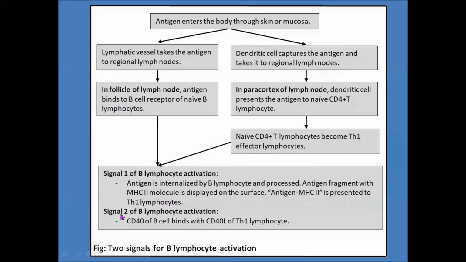Signal 2 of B lymphocyte activation. CD40 of B cell binds with CD40 ligand of Th1 lymphocyte. So in this way, with the help of these two signals, B lymphocytes are activated.